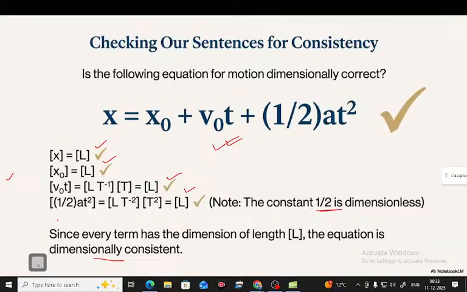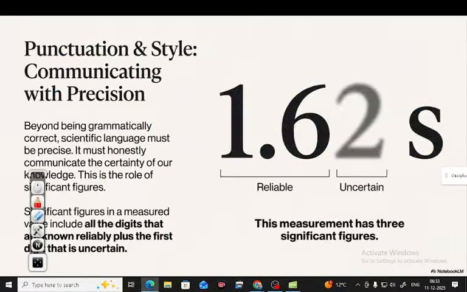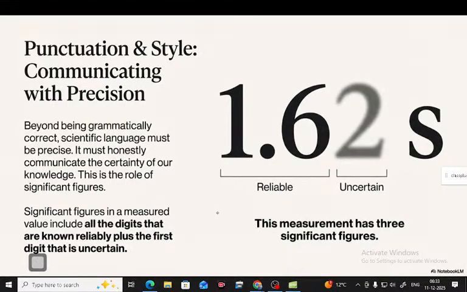Now we'll go to the next section, punctuation and style, communicating with precision. Beyond being grammatically correct, scientific language must be precise. It must honestly communicate the certainty of our knowledge. This is the role of significant figures.